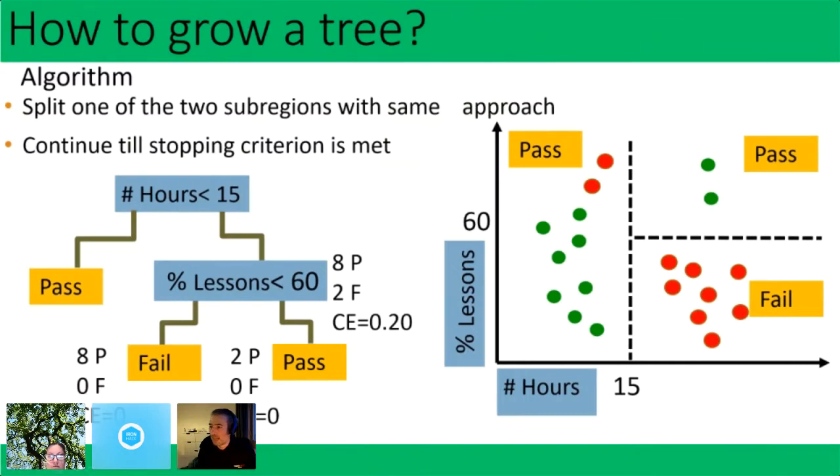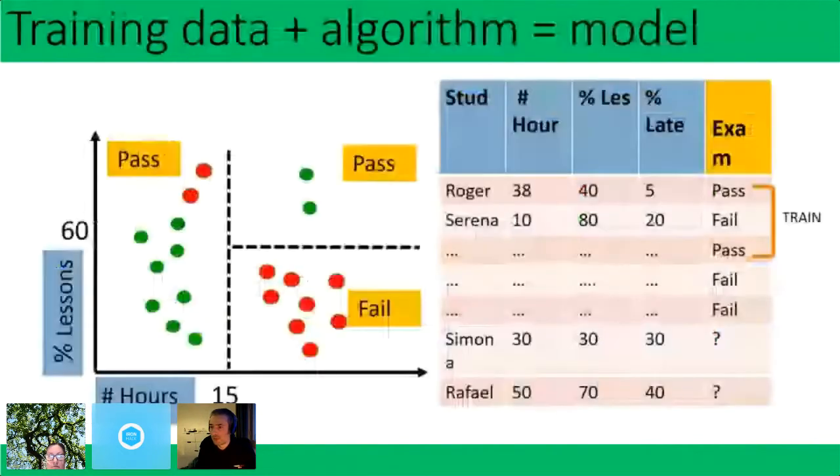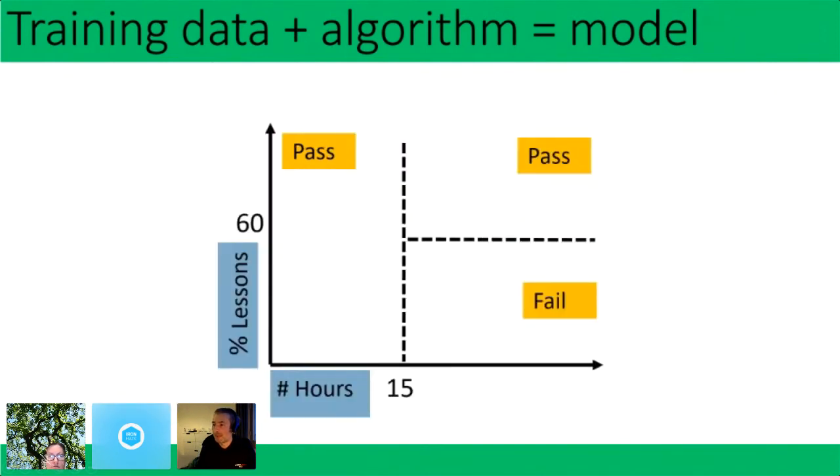And this is how you see the combination of the training data plus the algorithm, the set of rules, created a model. So this is the model, essentially, that we can use to test the algorithm. So we know that if a student studied less than 15 hours, then they will pass.